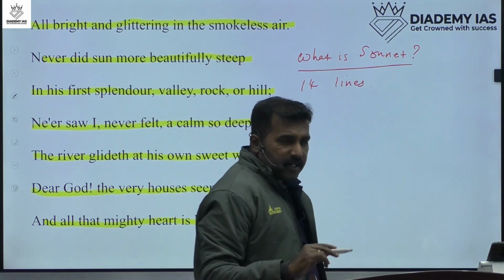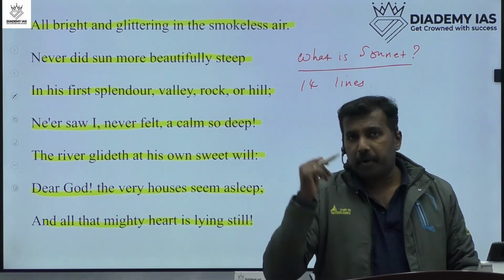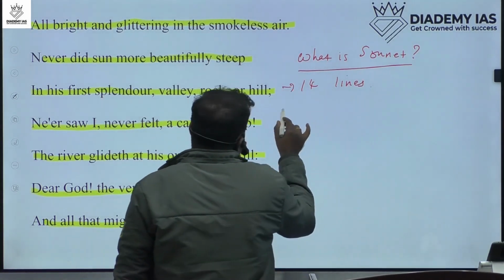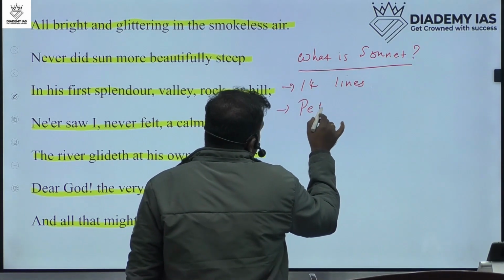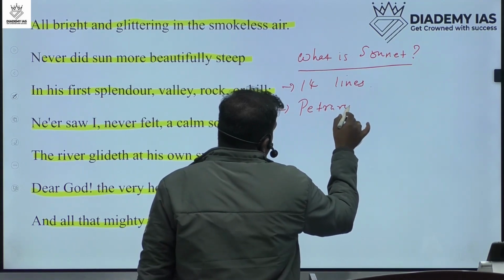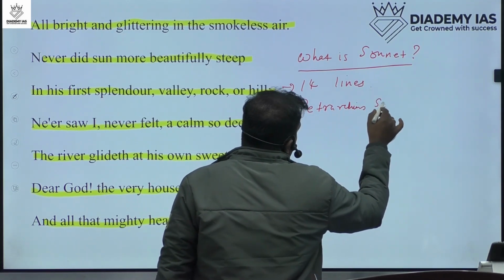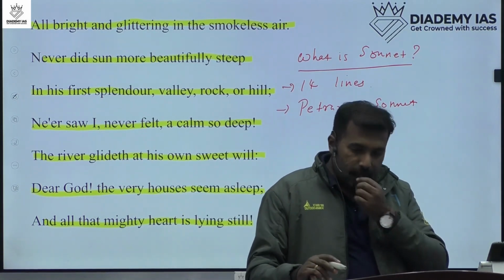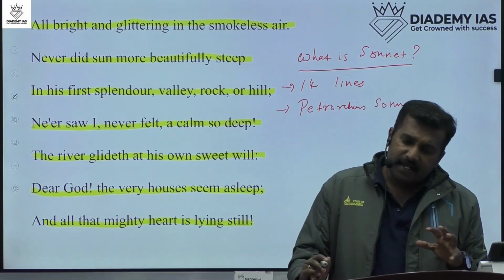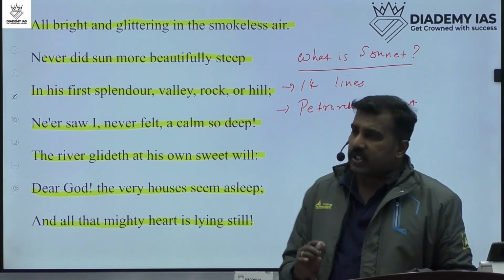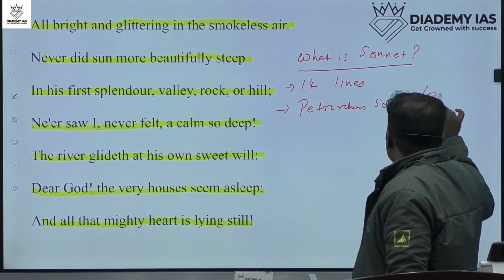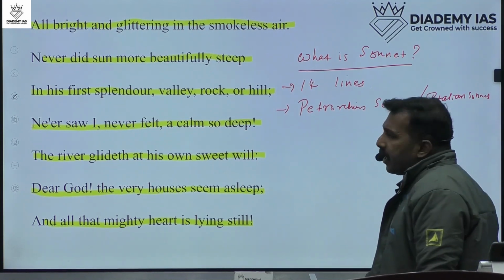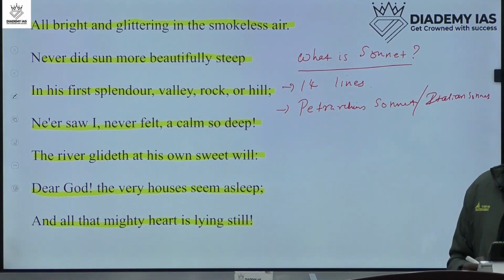Here this poem is considered a Petrarchan sonnet, otherwise known as an Italian sonnet. Other name is Italian sonnet. This poem is a Petrarchan sonnet, at the same time an Italian sonnet.